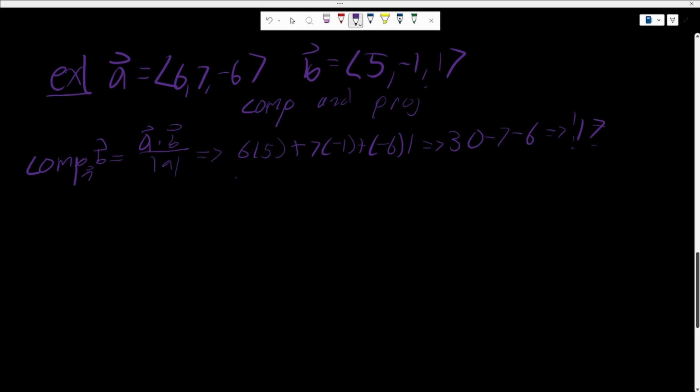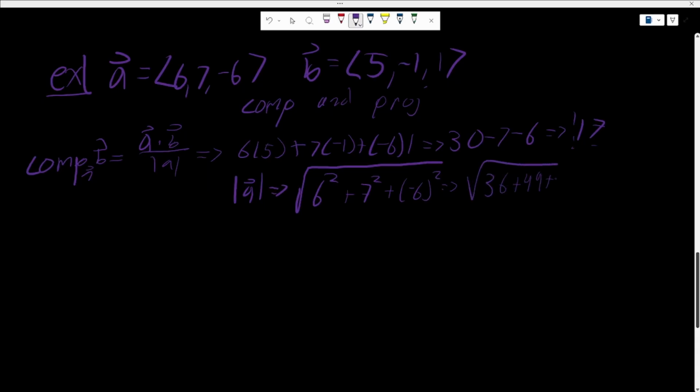To find our denominator, we have to find the magnitude of vector A, and to find that, we'll just use the distance formula. So we'll have 6 squared plus 7 squared plus -6 squared. That's going to be 36 plus 49 plus 36. It'll be 72 plus 49. And that is the square root of 121, which simplifies to just 11.